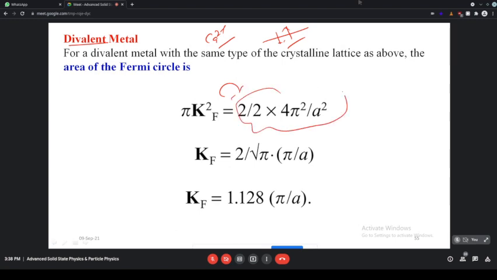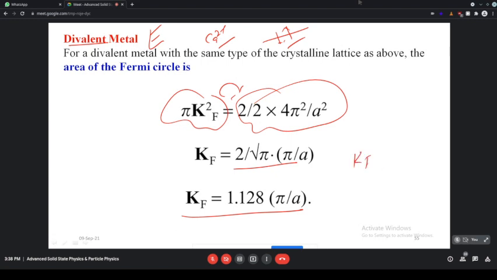That will be the area occupied by the electrons. Let us represent this area in the form of a Fermi circle. Then this can be written as pi kf square, where kf is equal to this. For the divalent metal, the value of kf is greater than pi by a.